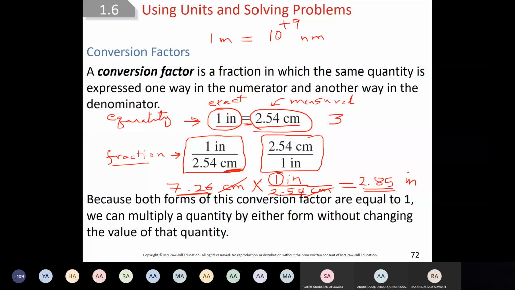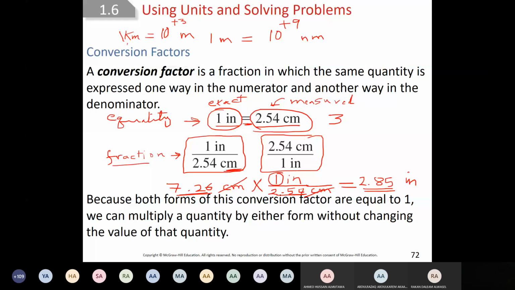So 1 meter equals 10 to the power plus 9 nanometer. Clear? Okay. 1 kilometer, how many meters? 10 to the power plus 3. The kilometer is bigger than the meter.